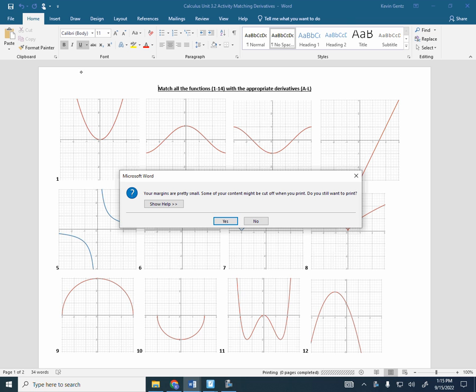Right. So its derivative is going to be an x to the first power, or a line. What is the slope like here? Negative. What's the slope like here? Positive. So here's what we've learned. The derivative of this graph is going to be below the x-axis, then it's going to cross over 0, then it's going to be above the x-axis. That'll be this one. We said it's a line. We went from x squared to x to the first.